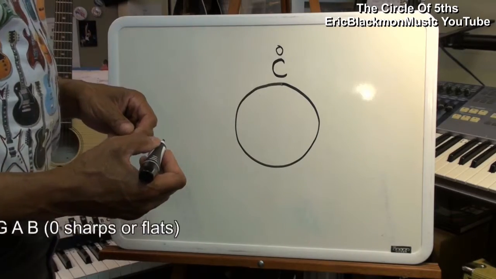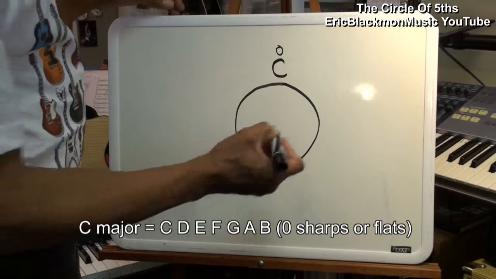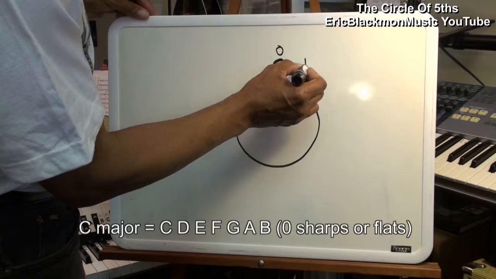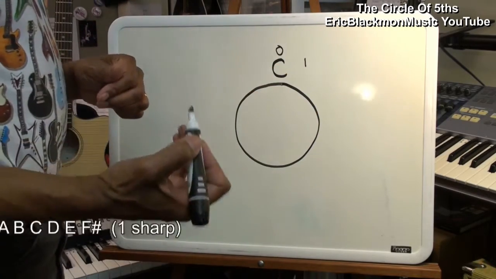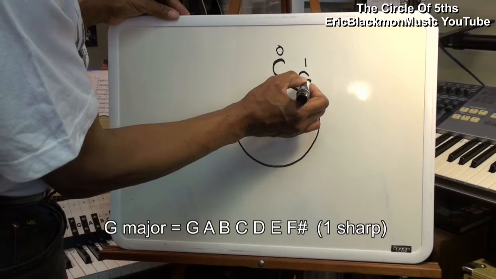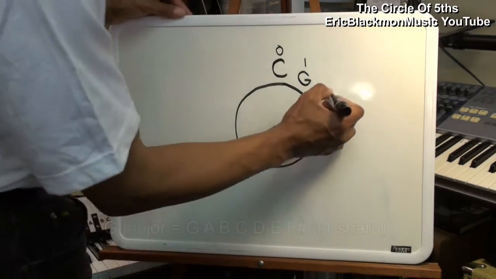Okay. The key of C has 0 sharps or flats. Next would be 1 sharp. The key that has 1 sharp is G major. Next would be 2.